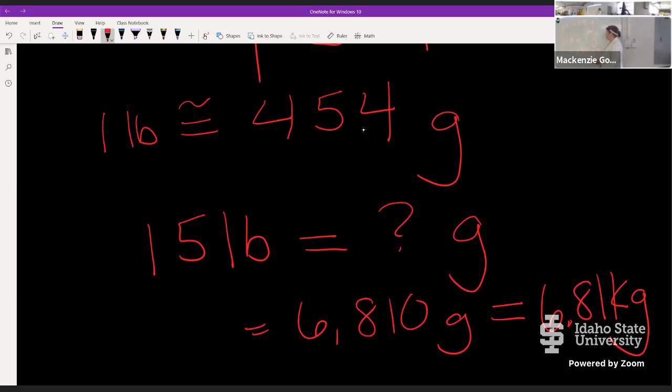So if on your formula sheet, you wrote 1 pound equals 454 grams, and I gave you 6 kilograms, to do this conversion, what do you have to do first? Can you repeat that?